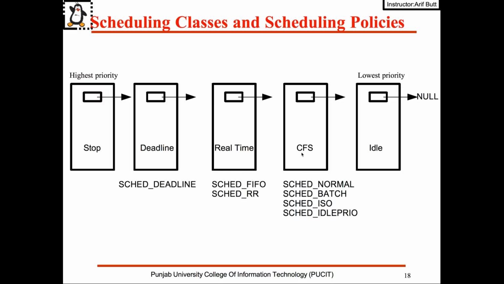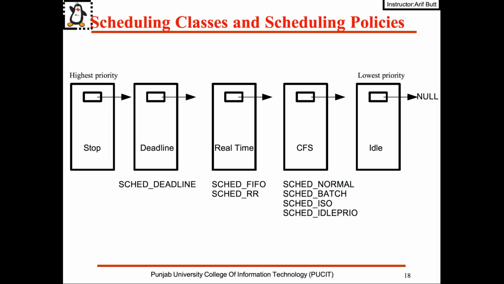The fourth is the CFS class, completely fair share class. And this is the class under which most of the user processes, including the famous bash command interpreter, run. It uses priority values in the range of 100 to 139. Remember, 0 to 99 are used over here and 100 to 139 are used by this class. And these 100 to 139 priority values are mapped onto the nice values of minus 20 to plus 19.